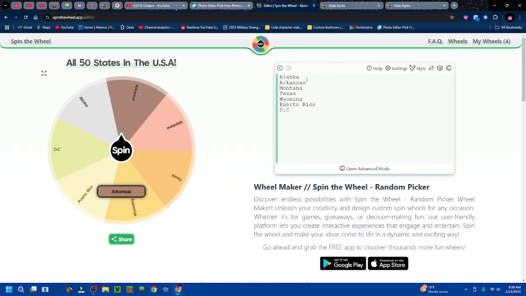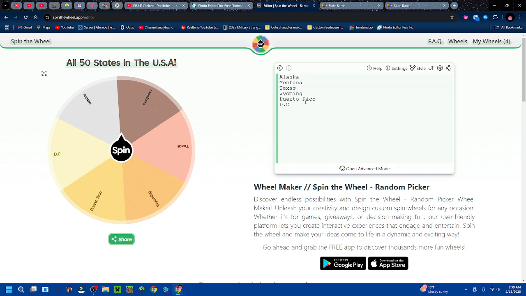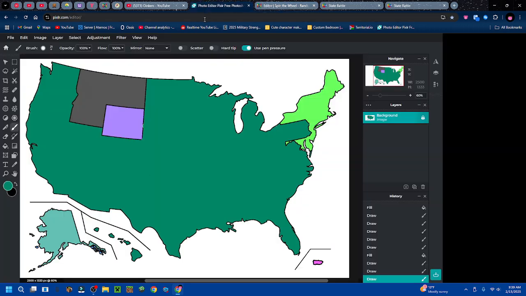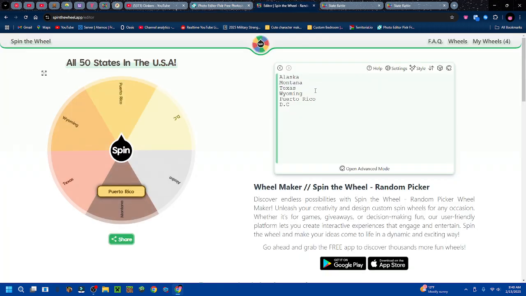But now Arkansas is gone and there's only 1 A state. We're down to the final 6 states. Puerto Rico and DC are still here, right? Is that DC? Oh, that's DC. New York isn't here. That's DC.